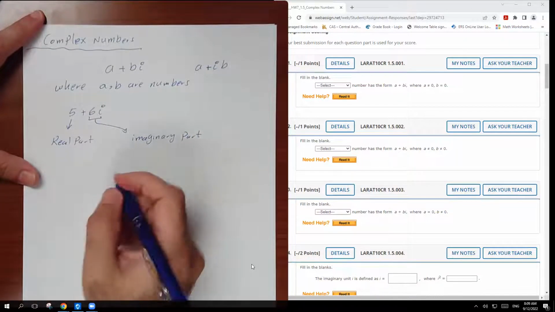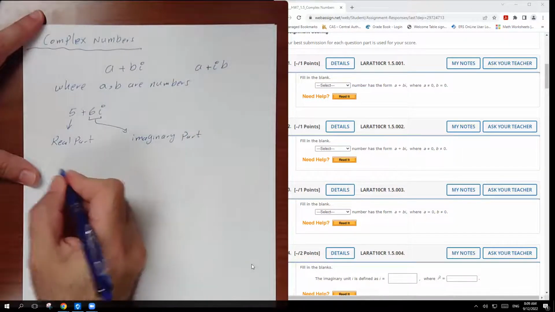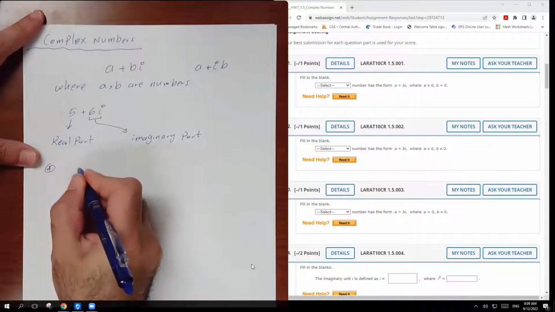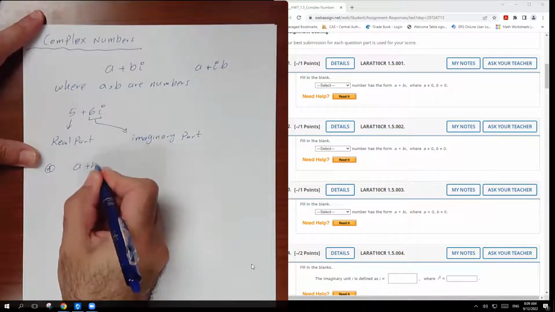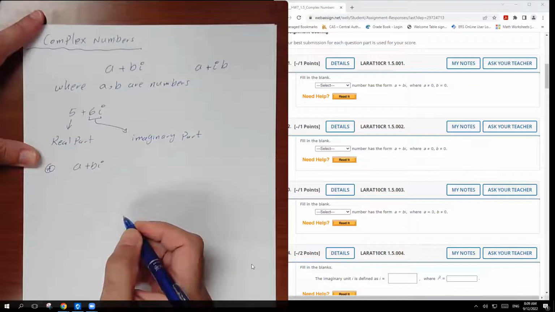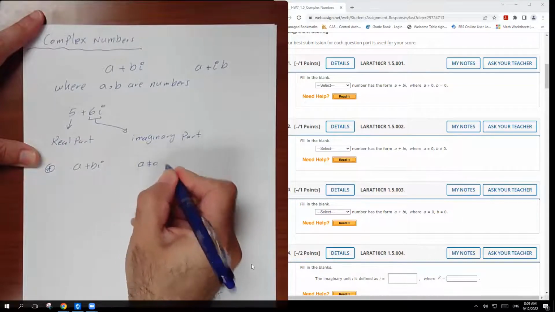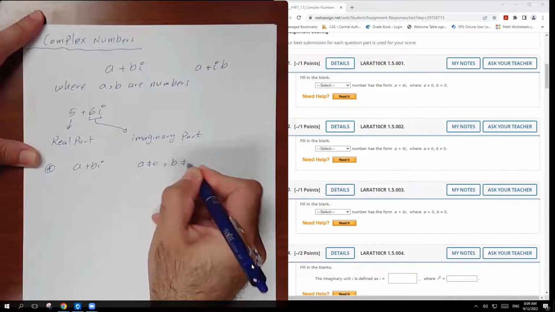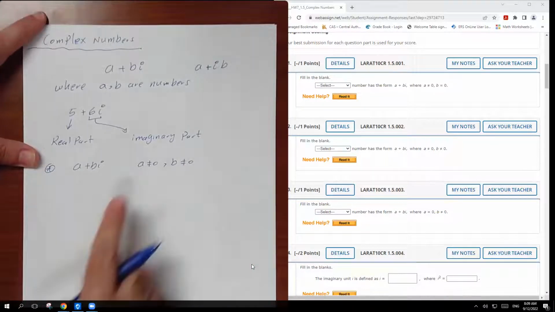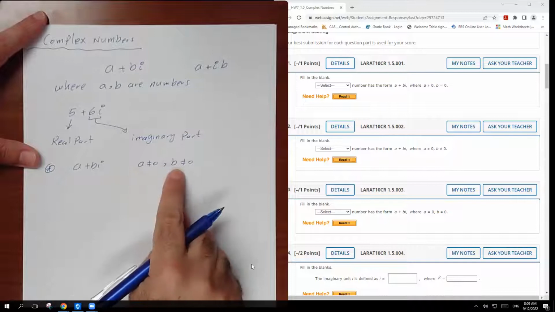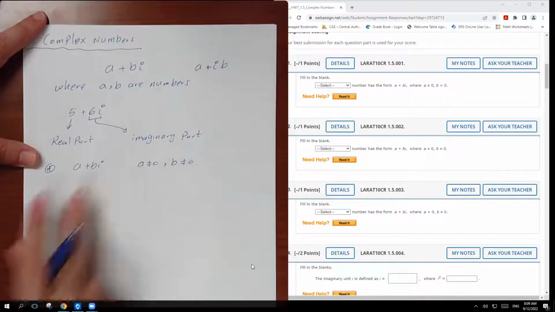Now A plus Bi, where A is not equal to 0 and B is not equal to 0: this is a complex number. So now we have the complex number.